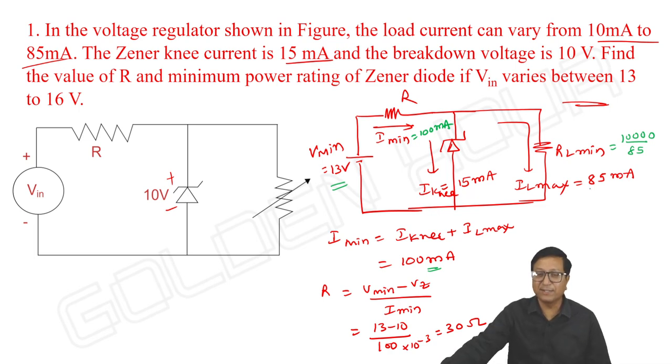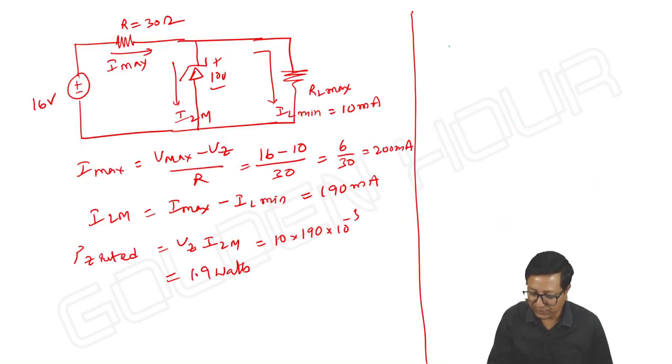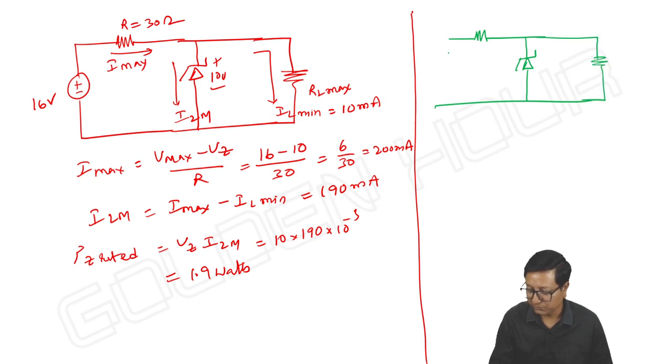Later, I am increasing the input voltage to some 16 volts. For example, V max is equal to 16 volts, and R is 30 ohms.